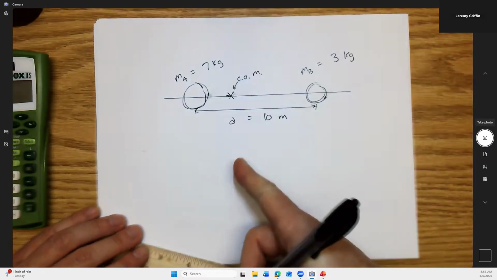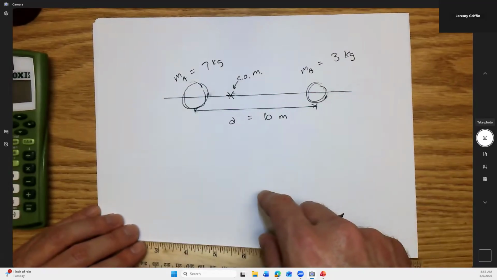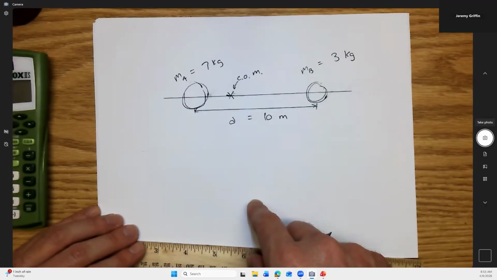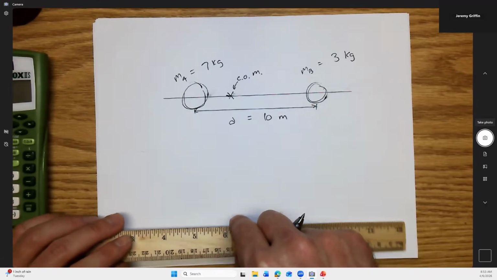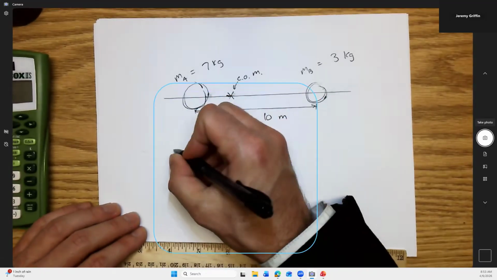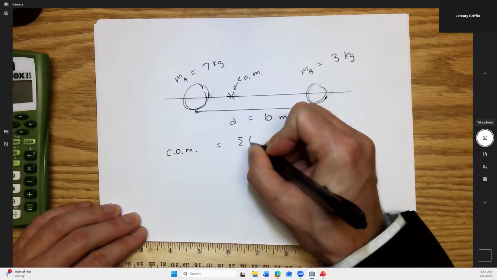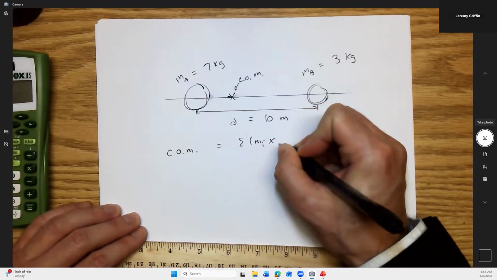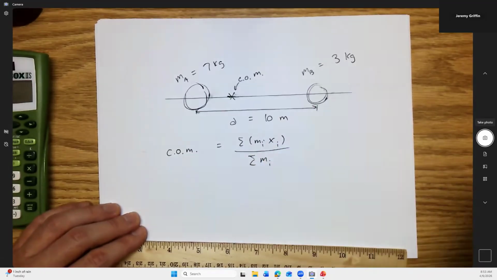Right, so can you guys calculate that? Where exactly would it be? I like to give you a head start. So we said center of mass is the sum of mass times location, with subscript i's, divided by the sum of masses.